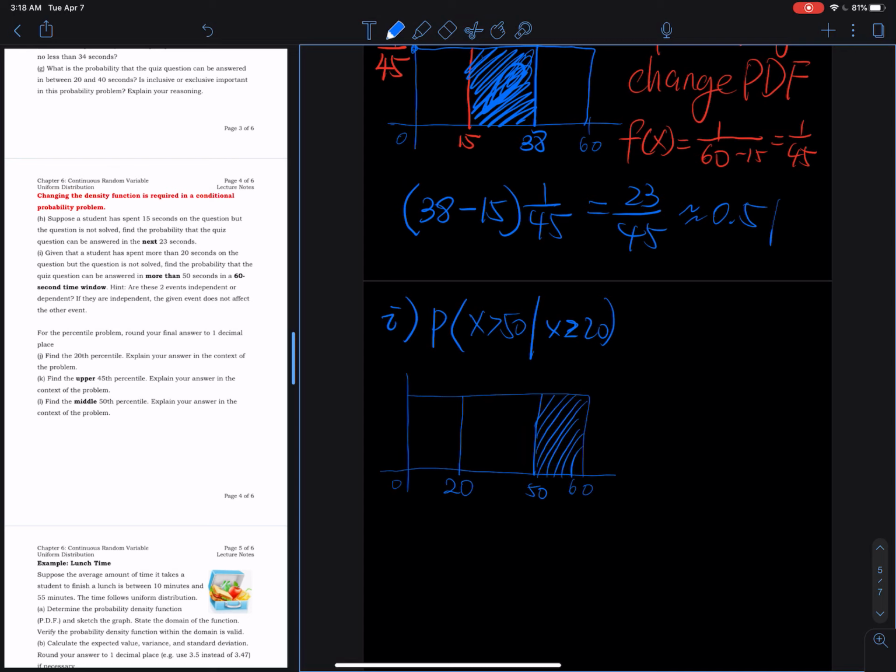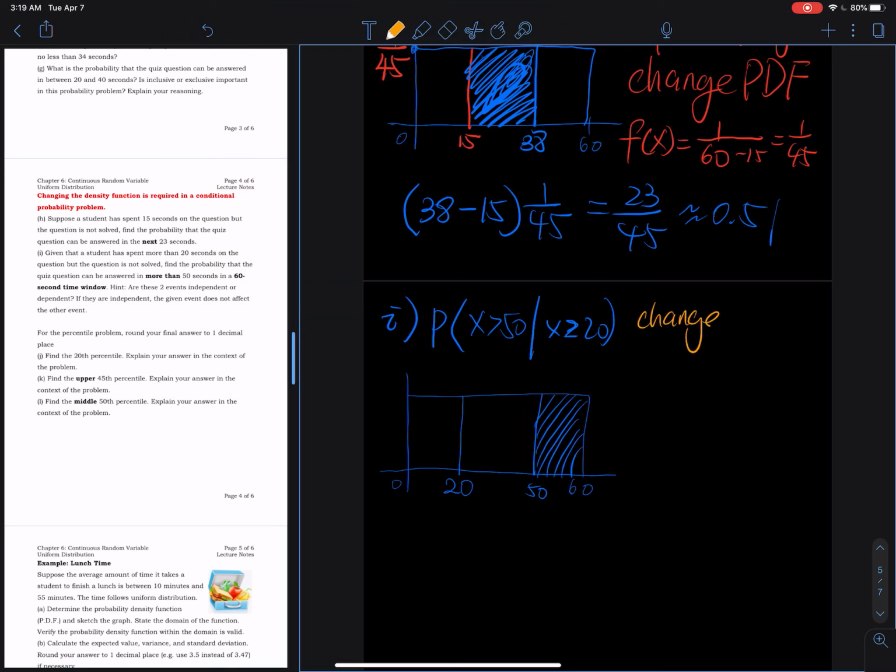What do you see? They are actually independent, right? Because to find x greater than 50, I don't need to know that x is greater than or equal to 20, because greater than 50 already covers greater than 20. Think about this. A number that is greater than 50 has to be greater than 20, right? Because 50 itself is greater than 20. How do you change the PDF? We do this in another color.